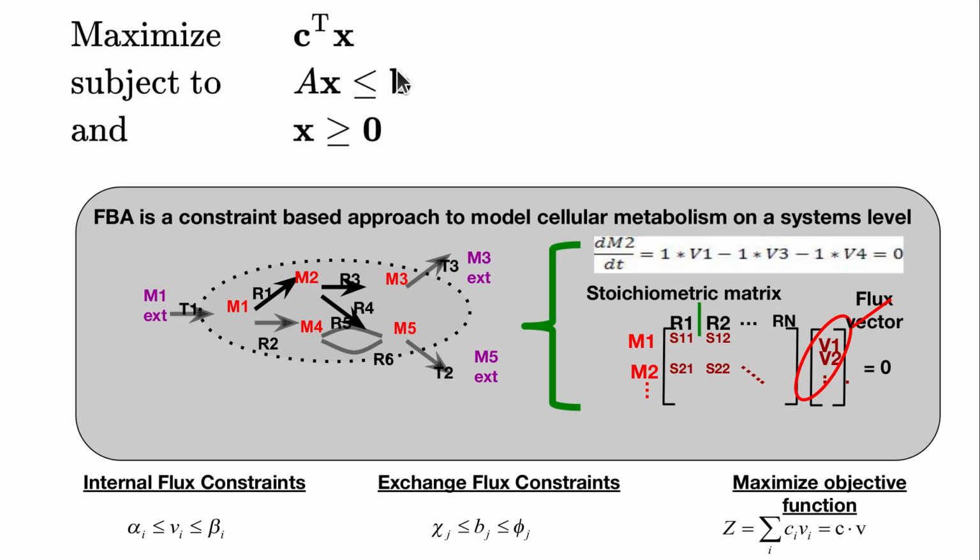And the way we can do that, there are essentially two main approaches. Resolving this stoichiometric equality constraint can be done by rewriting the equality as a sum of two inequalities.